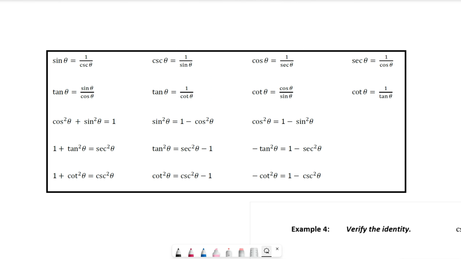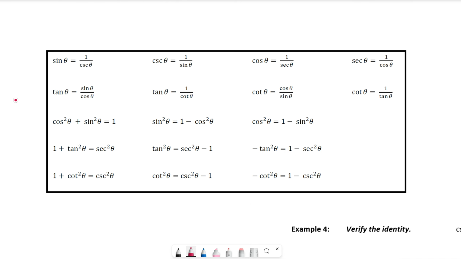Okay, so I want us to take a moment and look at the formula chart. I want you guys to realize that all right here in this section, we have problems that are all subtracting. So whether it's 1 minus cosine squared or secant squared theta minus 1 or cosecant squared theta minus 1, every single one of these are subtracting, but there's something special about them.